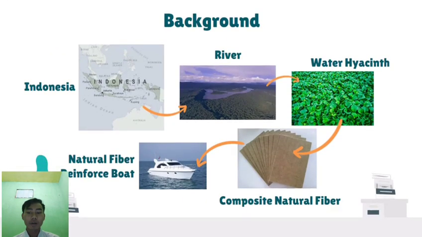Background. The background of my research is that Indonesia is one of the island countries, with two-thirds of its territory surrounded by ocean. So Indonesia has a lot of rivers. The river is a water resource and also helps the life of the community around it.